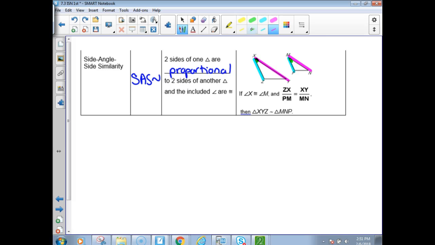I'm going to put a bigger arc mark on there just so you can see it better. If you're coloring, you might want to do that. So it's two sides, and the angle is included between them. Triangle XYZ is similar, not congruent, similar to triangle MNP by SAS similar.